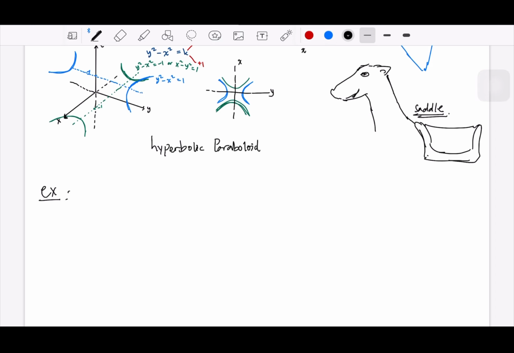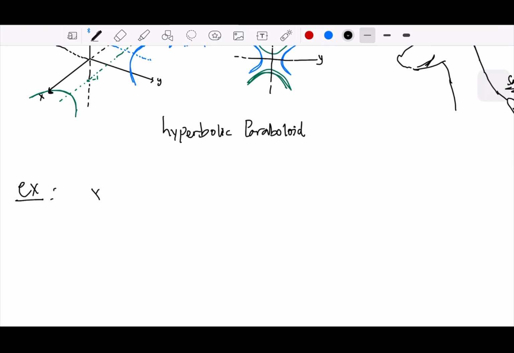Okay, an example for the other shape. Let's look at these equations. We have x squared over 4 plus y squared minus z squared over 4 equal 1. And we are going to see that we have an ellipse and a hyperbola, right?